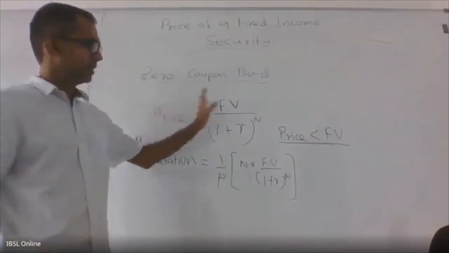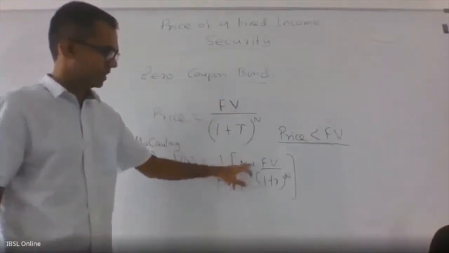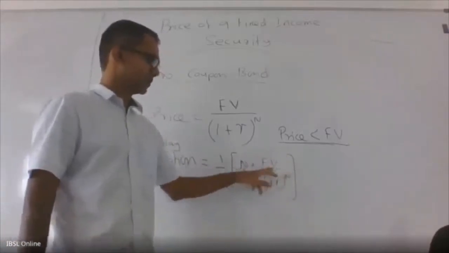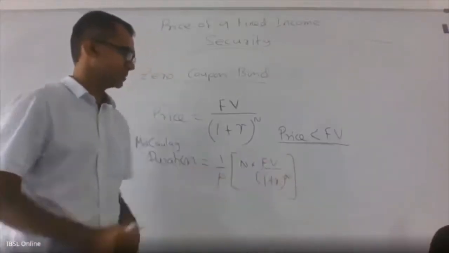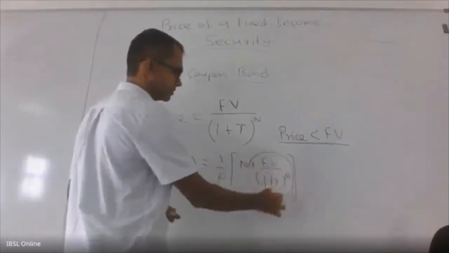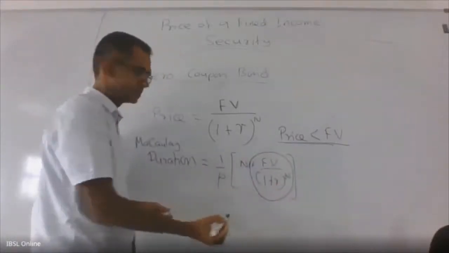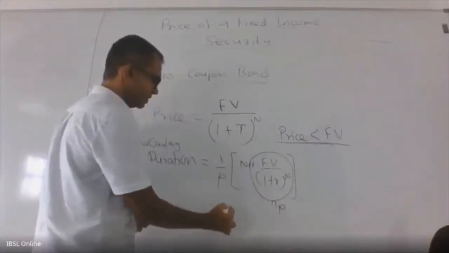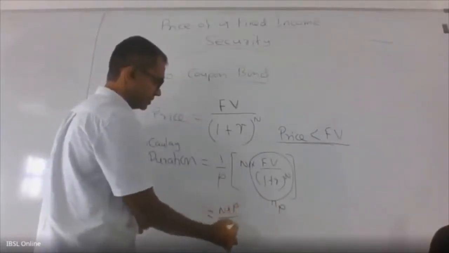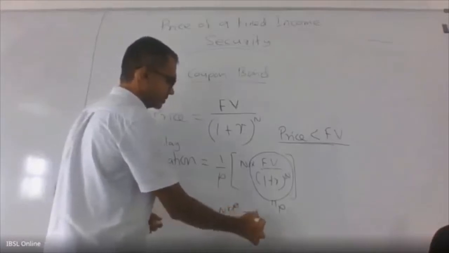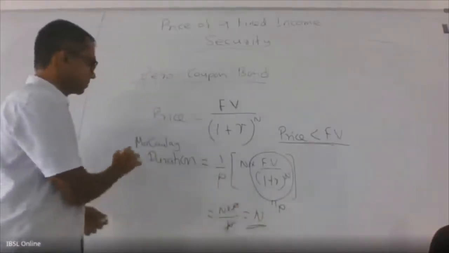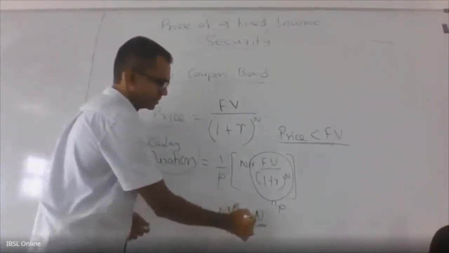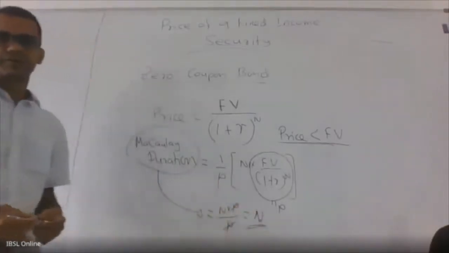At the end of n years, so therefore n, you get the cash flow FV, the present value is this. What is this part again? It is the same as the price. So basically n into P over P. So P will cancel. So therefore, Macaulay duration of a zero coupon bond would be equal to maturity.